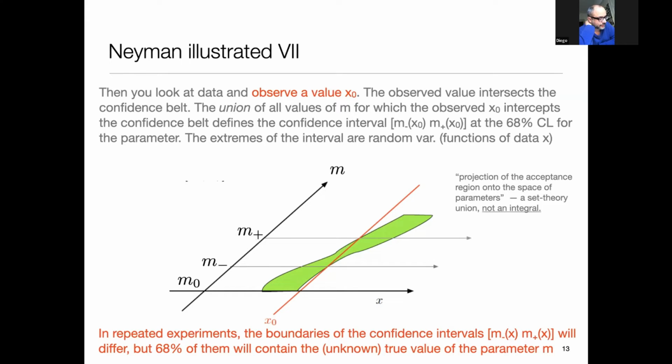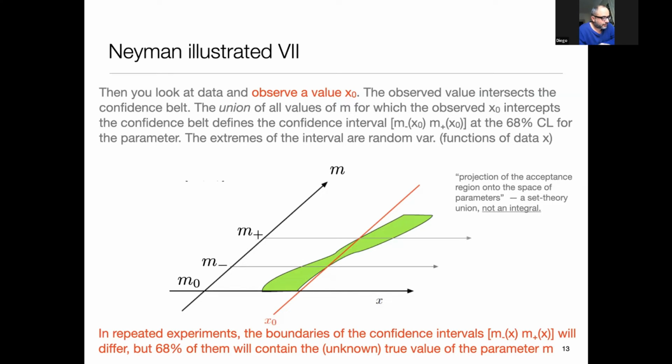Okay, we actually look at the data, because so far in the construction of the green band I didn't look at the data, but now I look at them. And looking at the data, what does it mean? It means basically to choose an x value, right? That could be a maximum likelihood estimator in our data, and I call it x0 here. And this defines a vertical red line here that will intercept the confidence band.